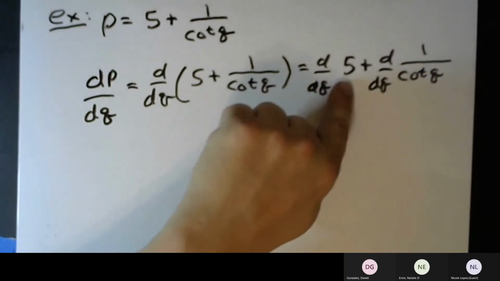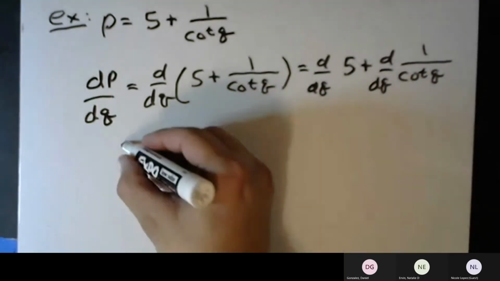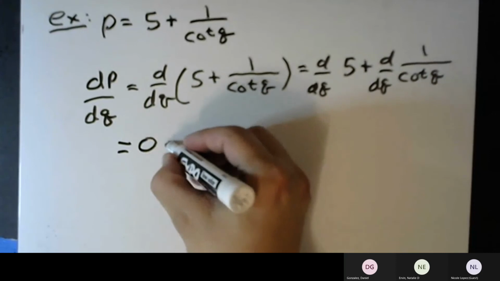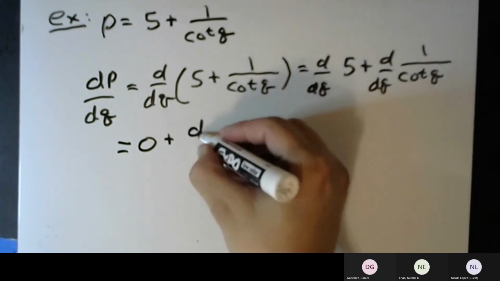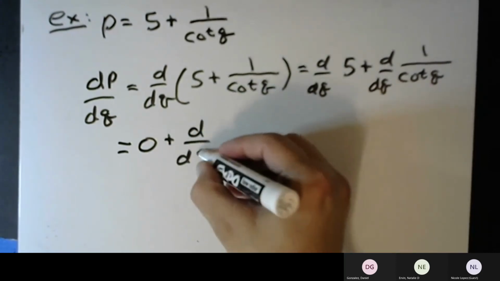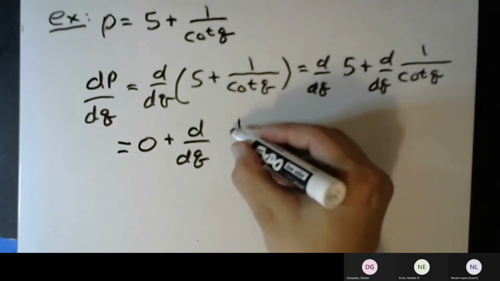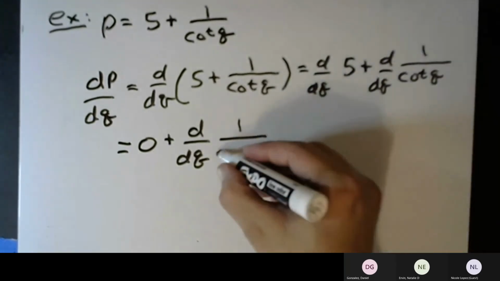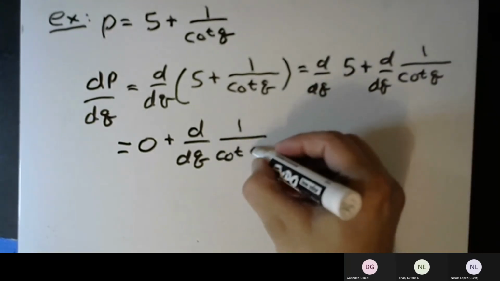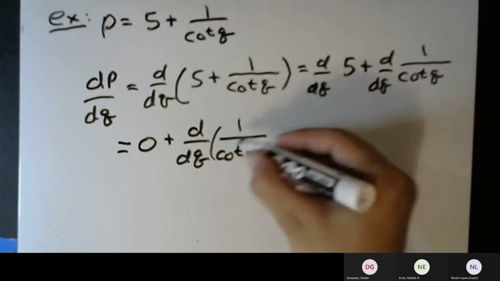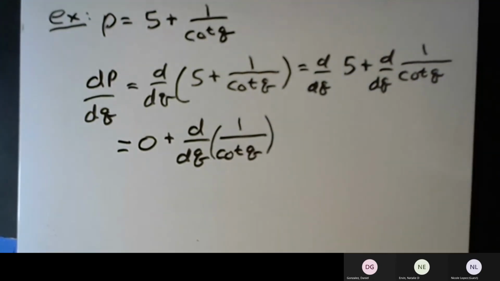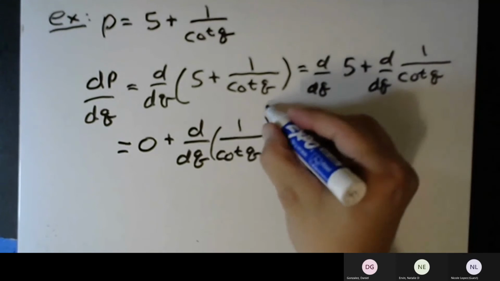So the derivative of a constant is going to be 0. We're going to break it down to f and g.